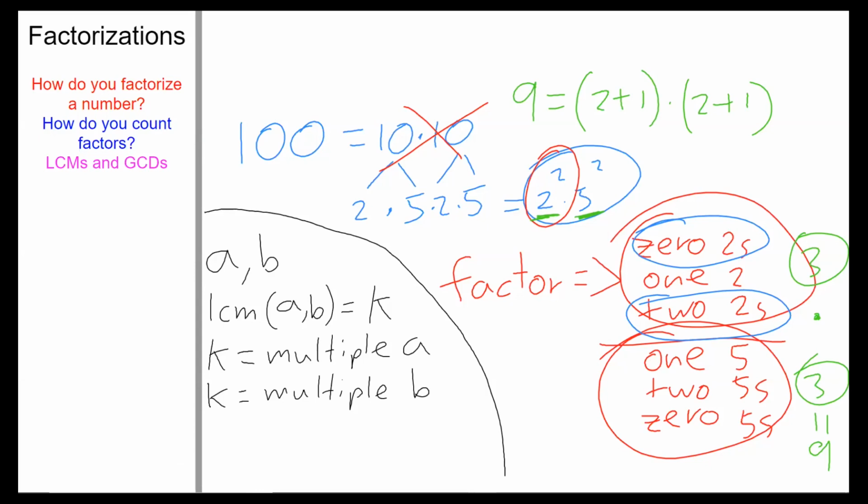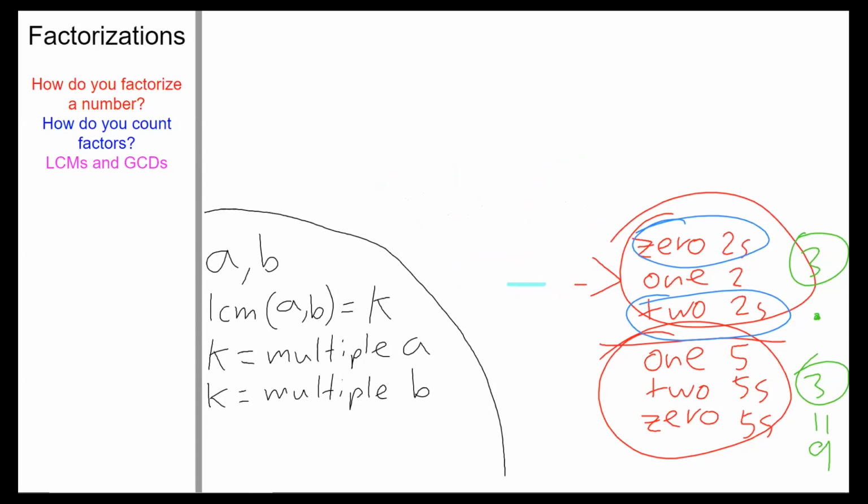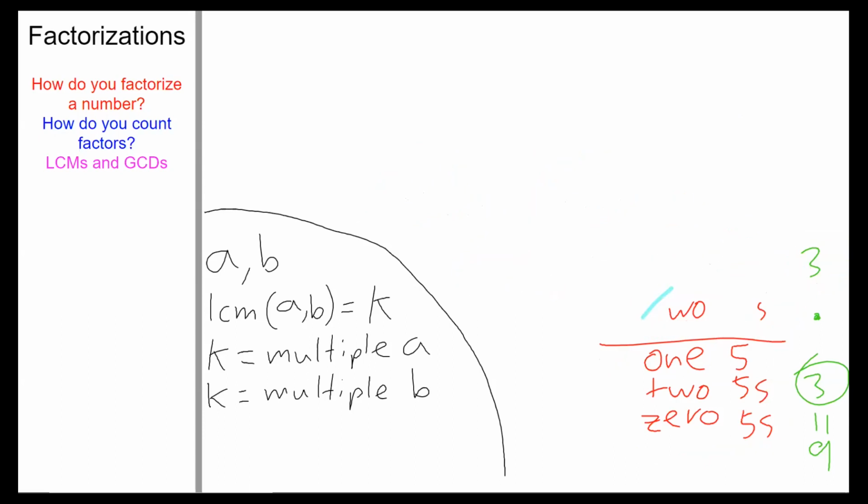So for example, if I gave you two numbers, let's say, what is the least common multiple? Hang on, let me erase some stuff. So what's the least common multiple of 4 and 6?